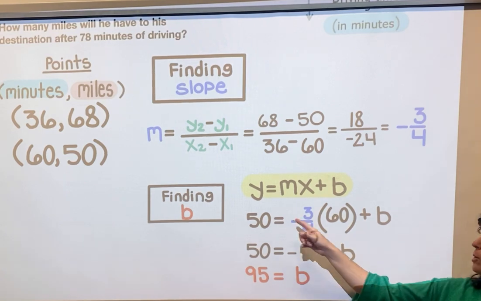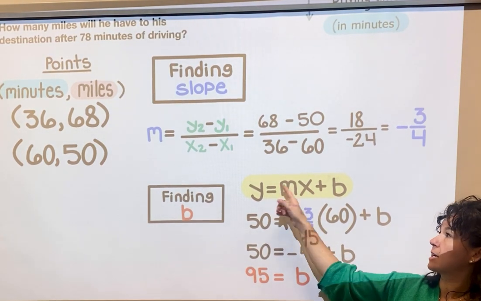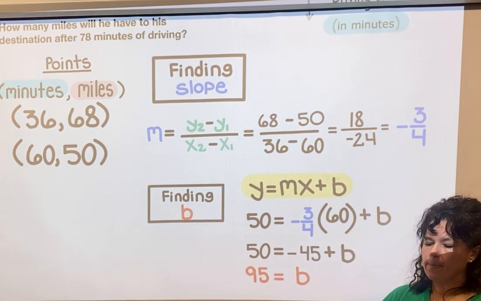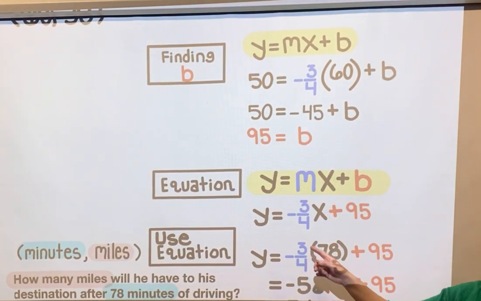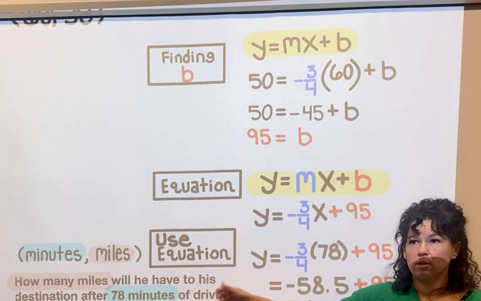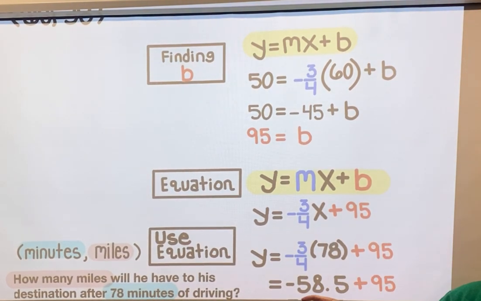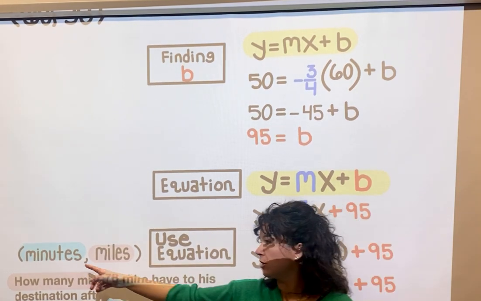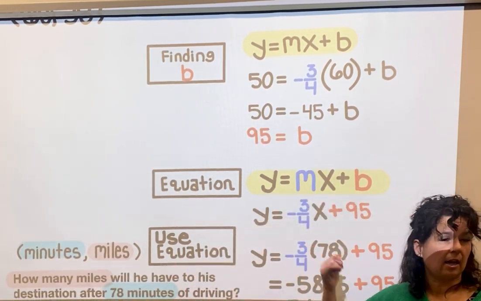Then we replace the slope and the x and the y with one of the points to find b. Now I have everything I need to write my equation. I can finally answer the question by substituting in whatever, just pay attention to the label. This was minutes, so I knew they handed me the x, and I plugged in x.